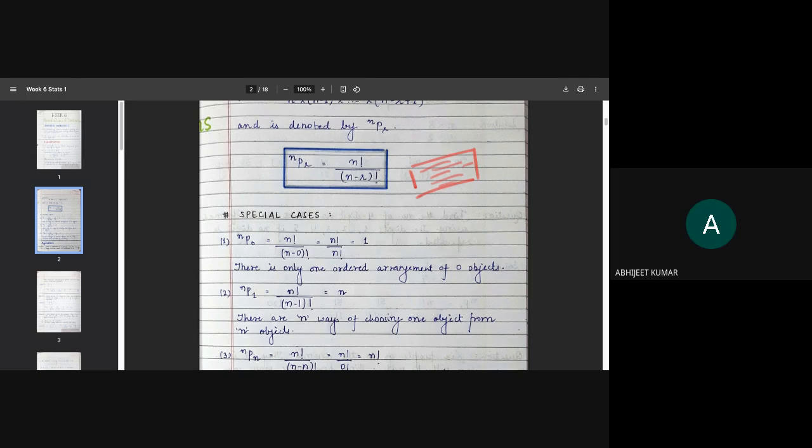Mathematically also you can show that. If r equals 0, n minus 0 is nothing but n, so n factorial by n factorial, which will lead me to one trivial way. So basically you can call it a trivial choice.